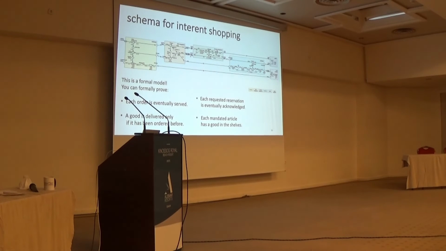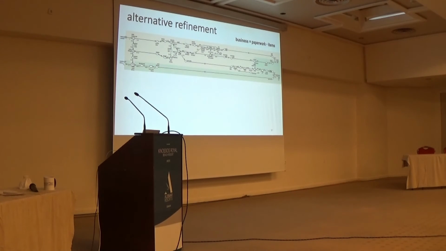Okay. Each requested reservation is eventually acknowledged. Each mandated article has goods on the shelf. So if this component says, please pack this and that, it must be guaranteed that the shelves have these objects. And also this you can prove in the model. You can also make a completely different decomposition. You say, well, the business has some paperwork and there are some real items.